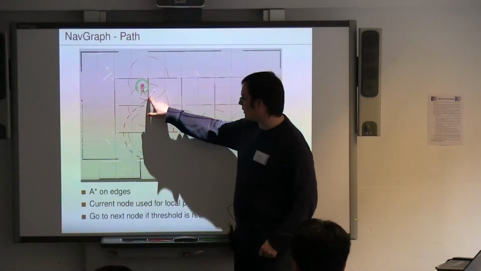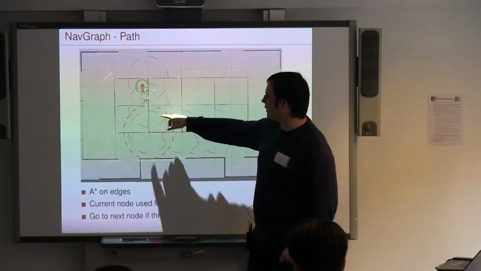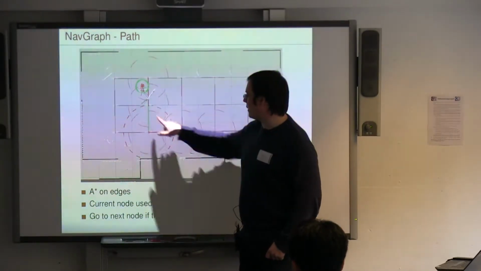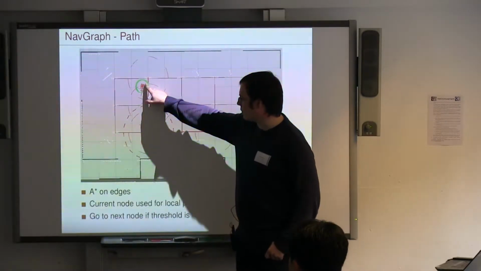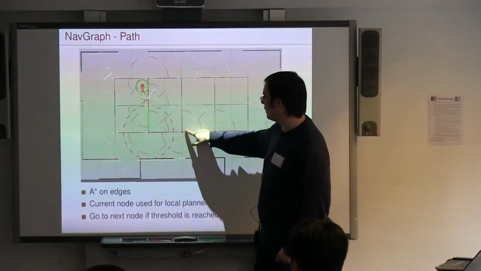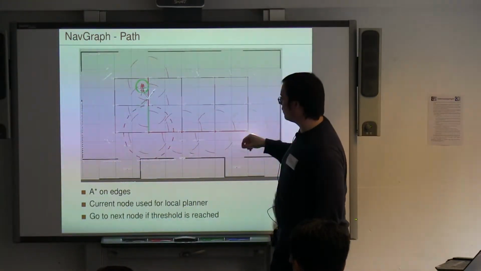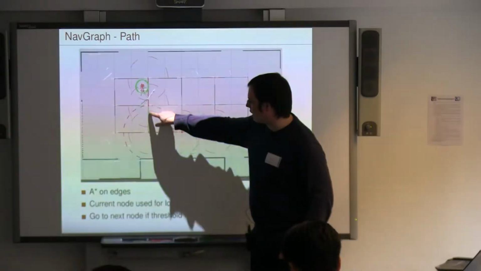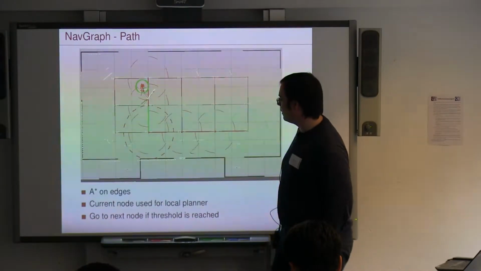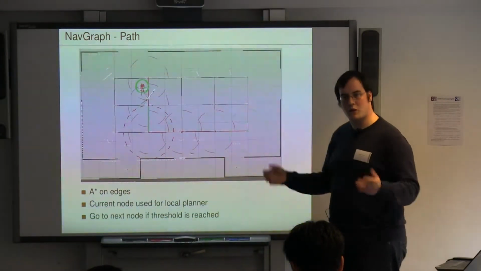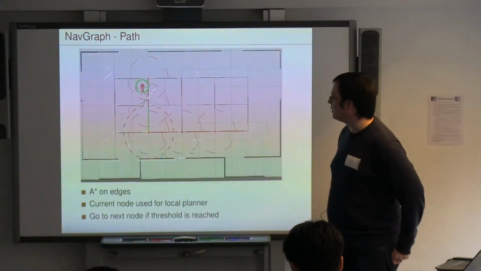So that also means at corners, if the threshold for this node is reached, the robot tries to drive to here. So the robot actually will not follow directly very closely to that and then very close to here, but more likely drives something like that. Of course, if you make the threshold smaller, you drive more closely.